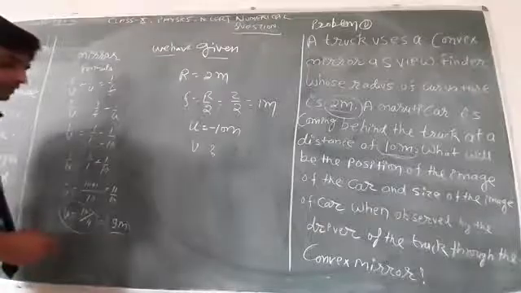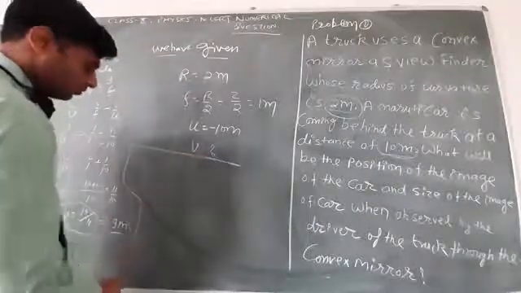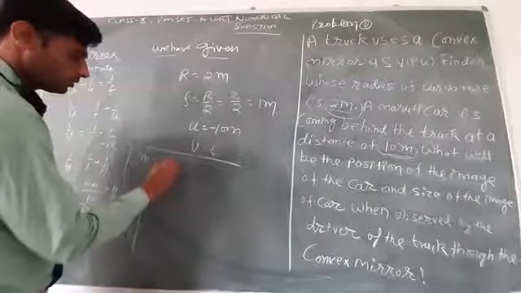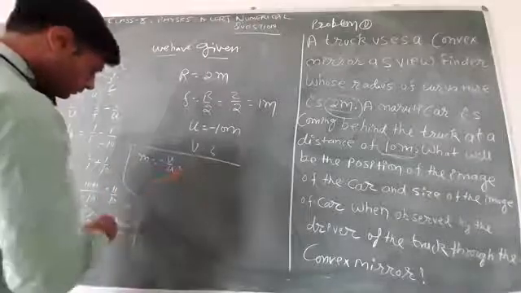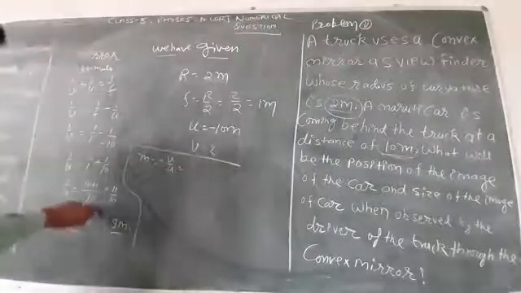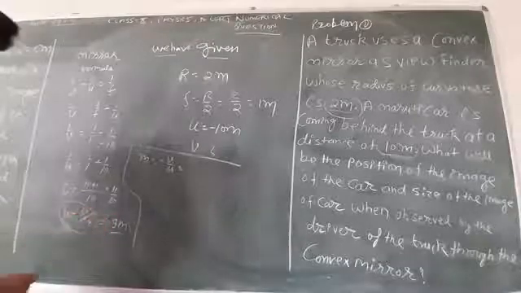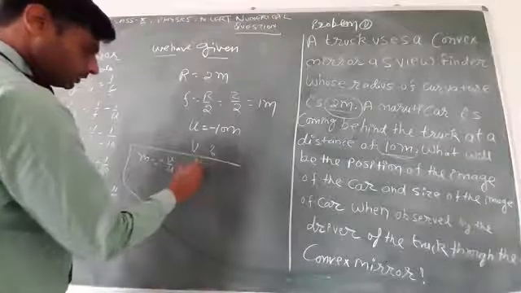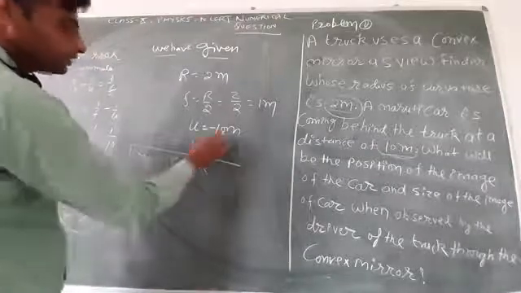If you want to find the size, as you know the formula for magnification, m equal to minus V upon U. The value of V is 10 upon 11. Use the fractional value because it is easier to solve. So minus 10 upon 11, and the value of U is minus 10.